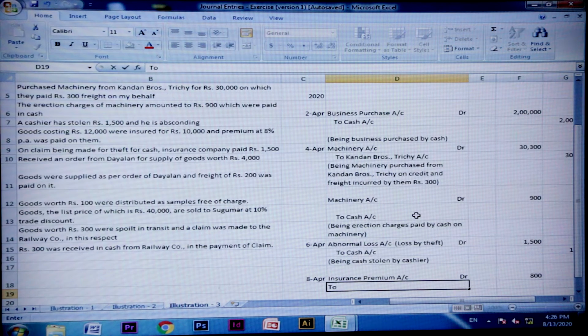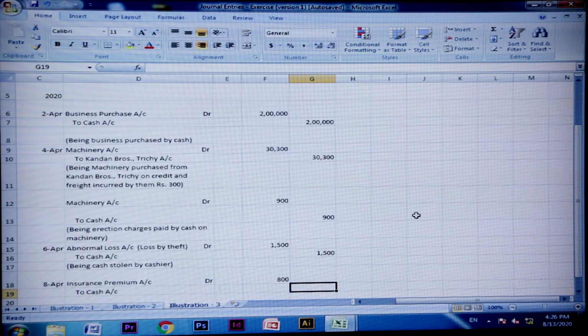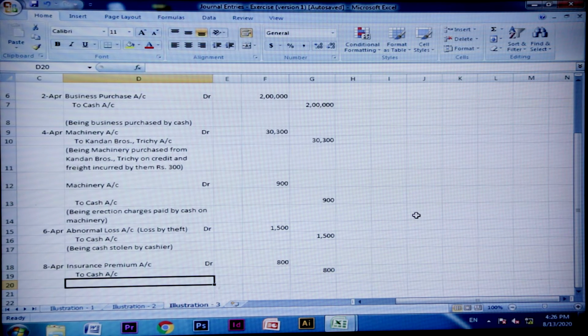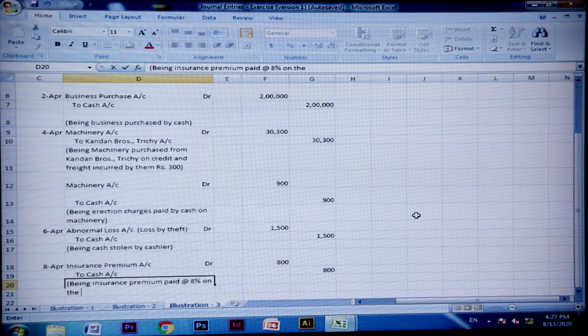It is assumed that it is paid by cash. So to cash account 800. The narration is being insurance premium paid at 8% on the stock value of rupees 10,000.